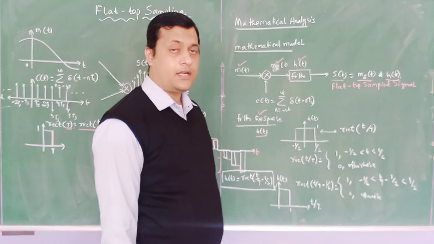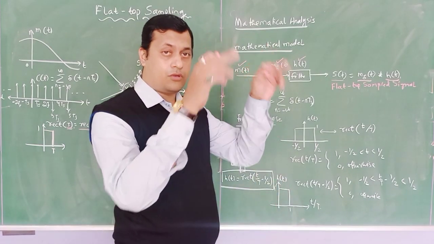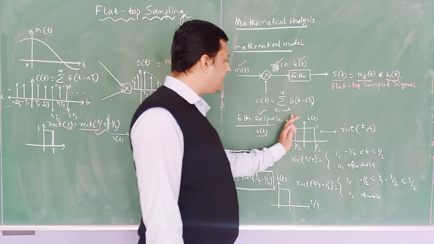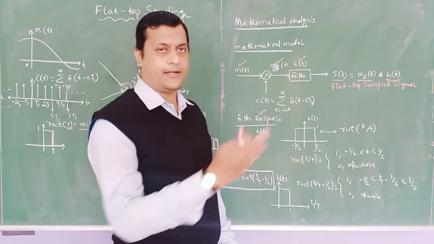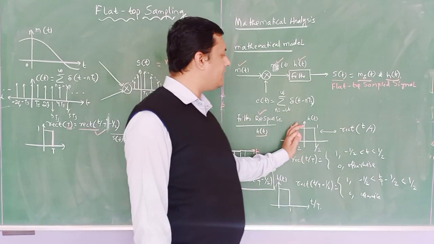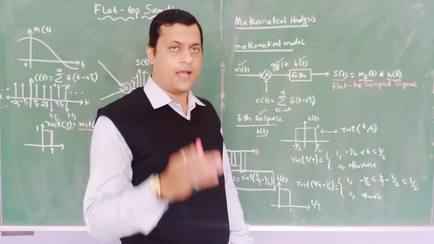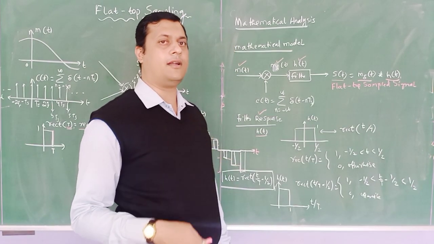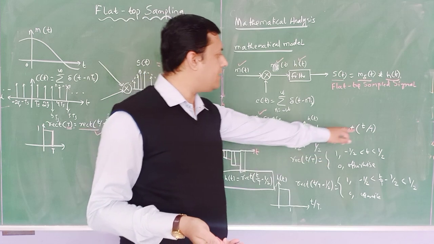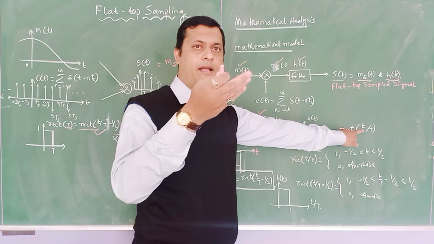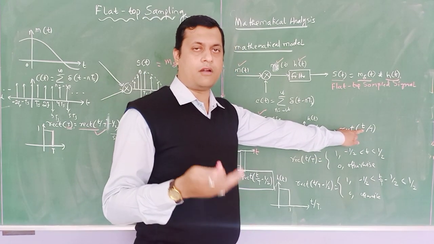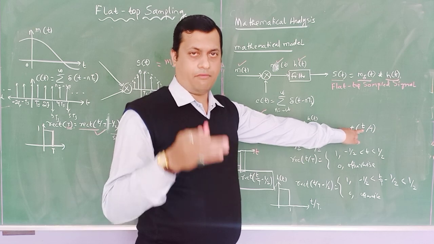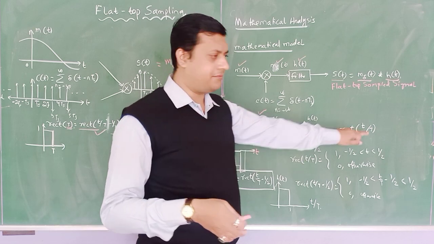Now we need this for the total time period. So I will shift this pulse to the right-hand side by half. That means it is a delay, so t by T is delayed by half. I write rect of t by T minus half.